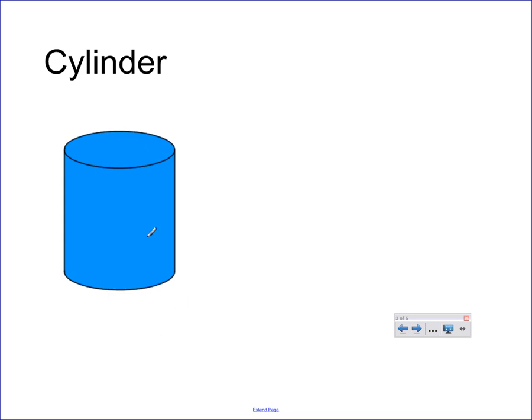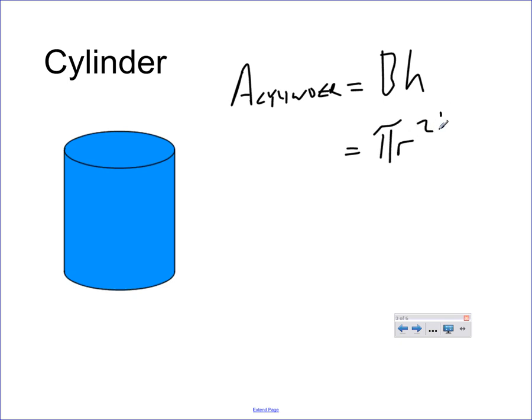I've got a cylinder. In this case, the base is a circle, right? So for a cylinder, if we follow the same format, the volume is again the area of the base times the height. But in this case, the area of the base we know to be pi r squared.